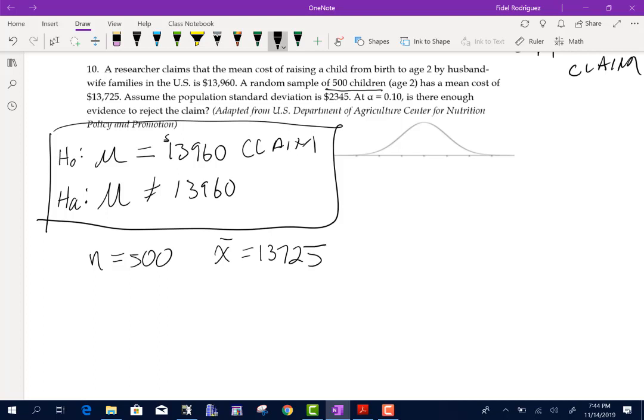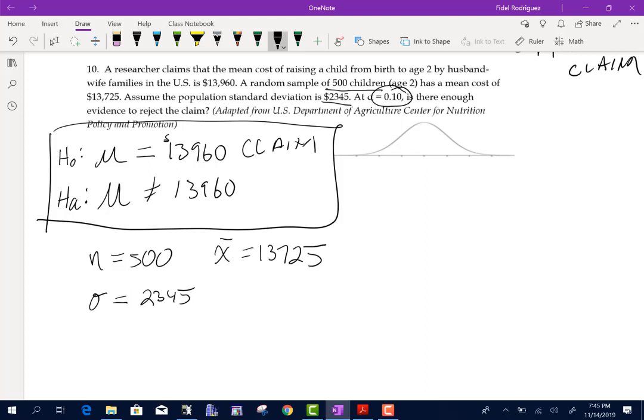And it says assume the population standard deviation is 2345. What symbol is that one? The sigma, there you go, 2345. And look what it tells us: alpha is equal to 0.10.